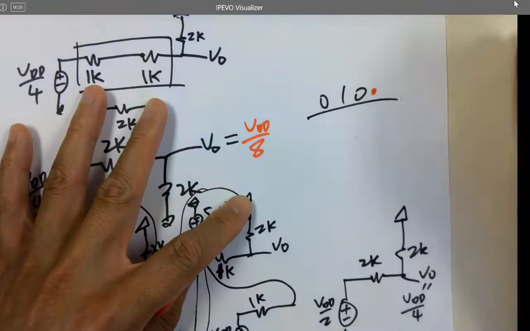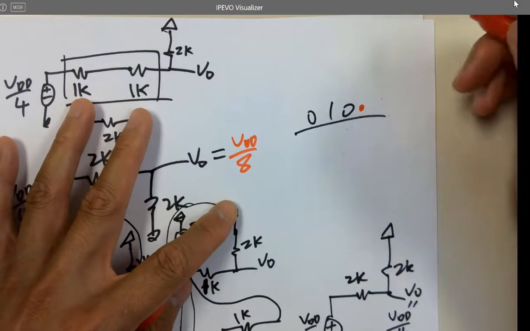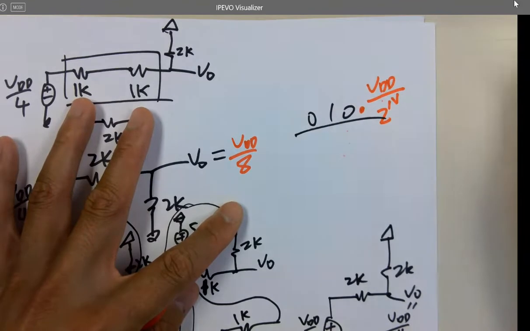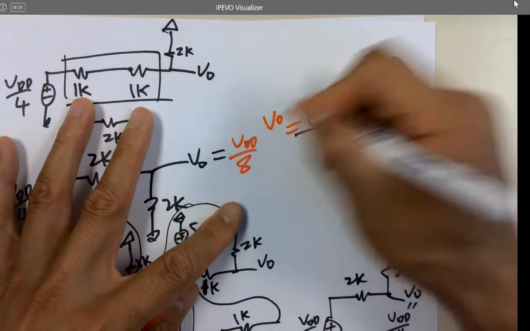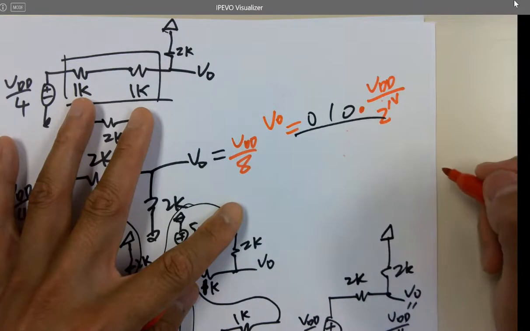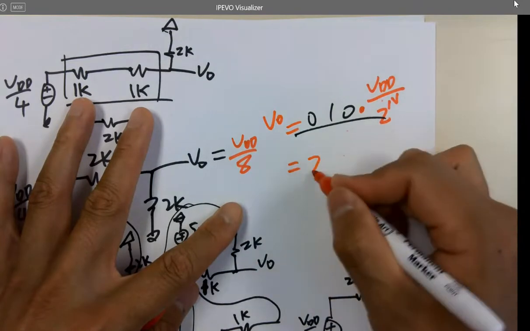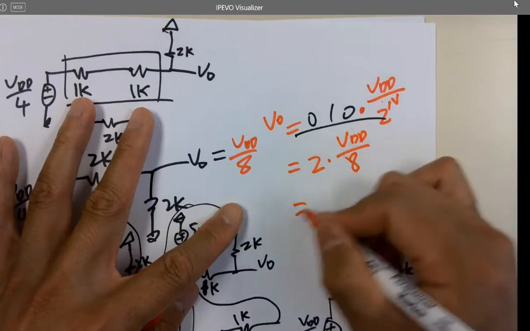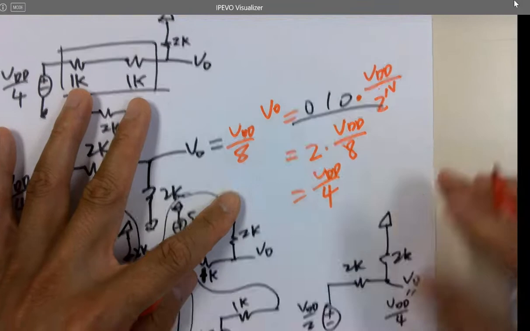How to calculate the final output for the DAC, times what? Which equals V out. That's how you calculate it, right? Which is 2 times VDD over what? That's the final output.